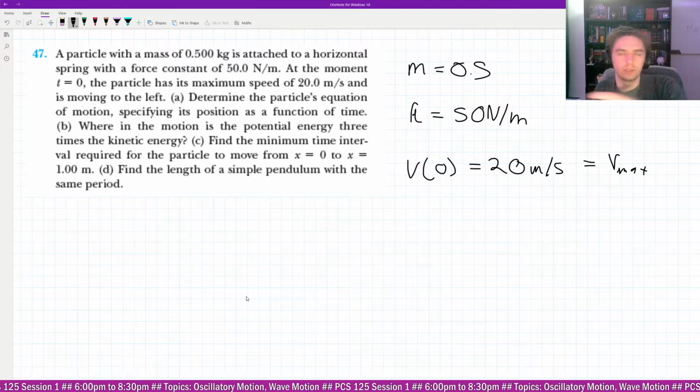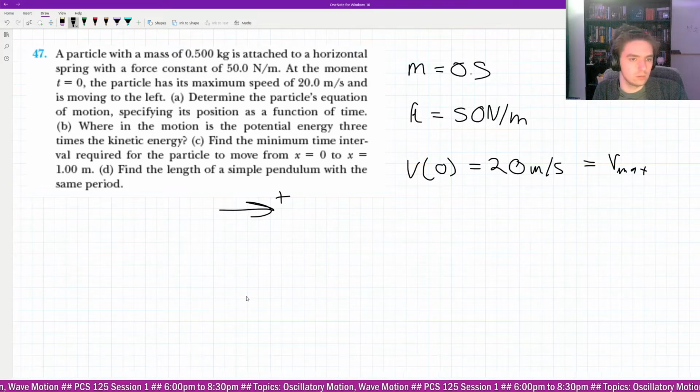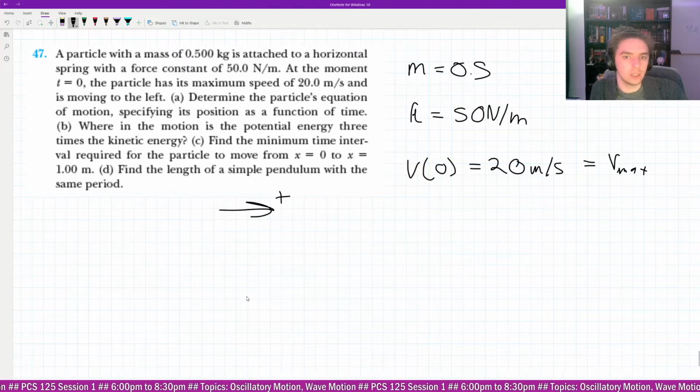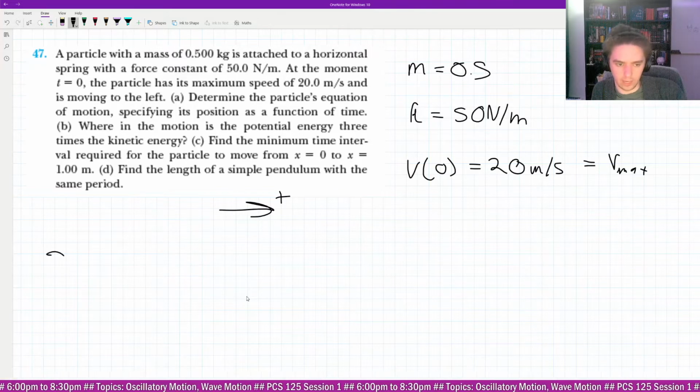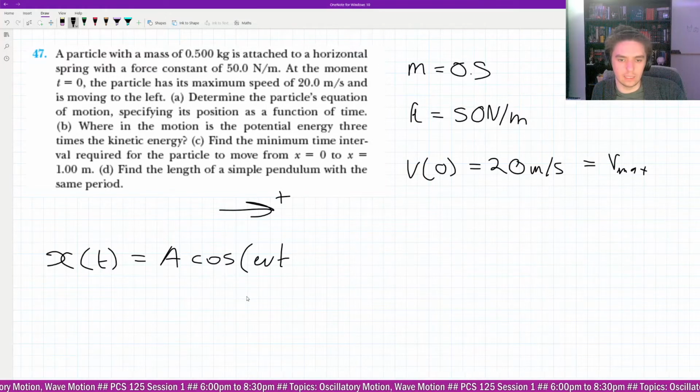Oh, it's a horizontal spring. I guess we have to define which way is positive. I guess to the right is positive. That's what they want us to do. Let's just say that. Okay. Determine this particle's equation of motion specifying its position as a function of time. What's its x position as a function of time? Well, in general, it's A cos of omega t plus phi.